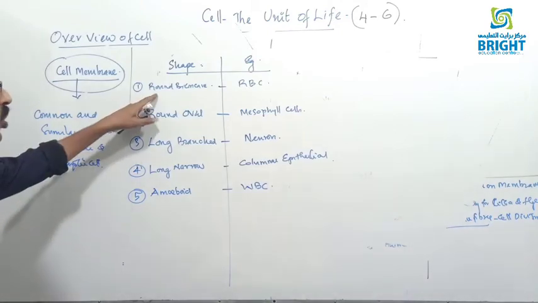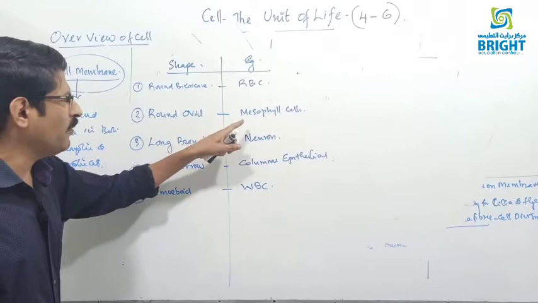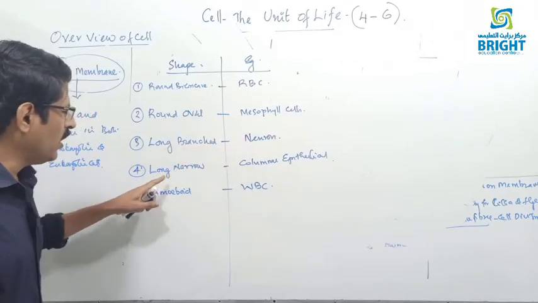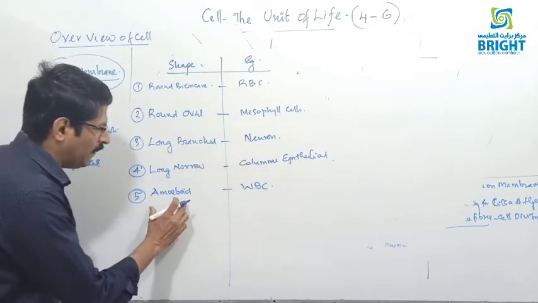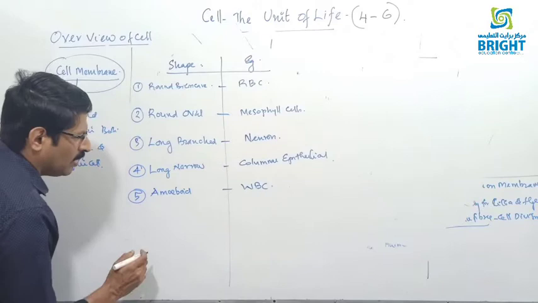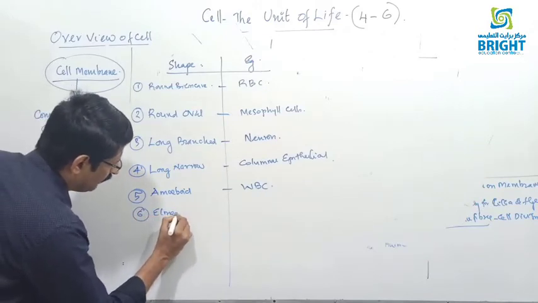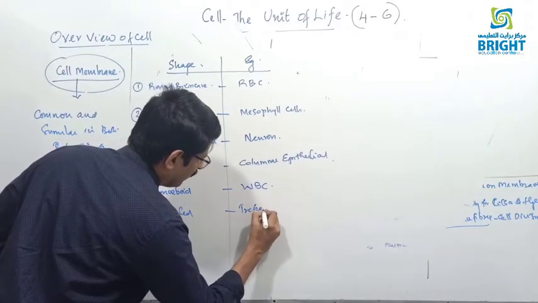So round biconcave is represented by RBC, round oval by mesophyll cell, long branched cell by neuron, long narrow cell by columnar epithelium, and amoeboid shape by WBC, and the sixth one, elongated cell, by xylem tracheids.